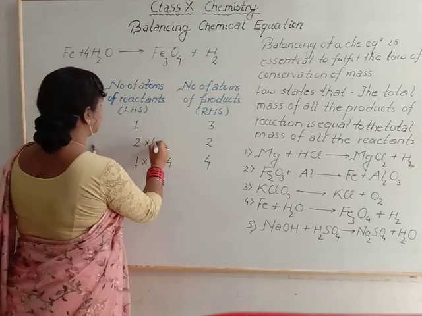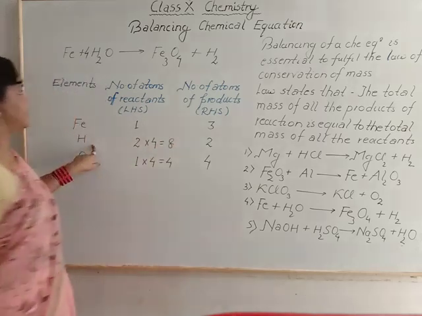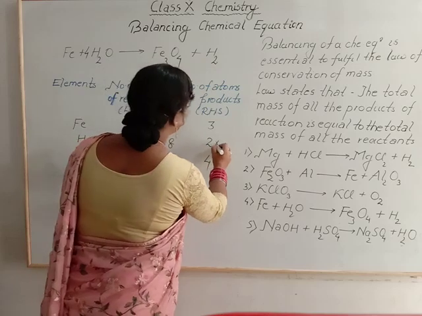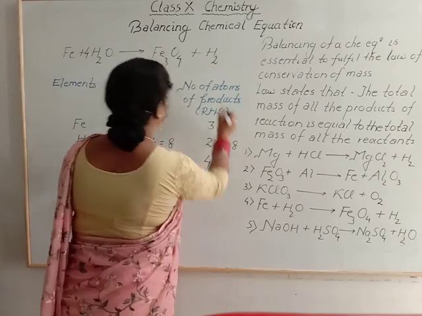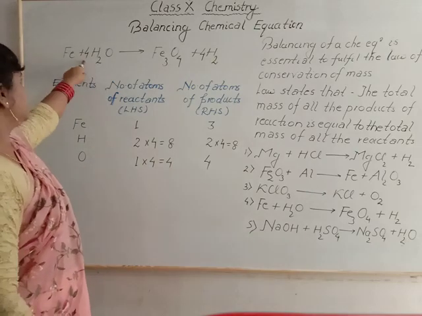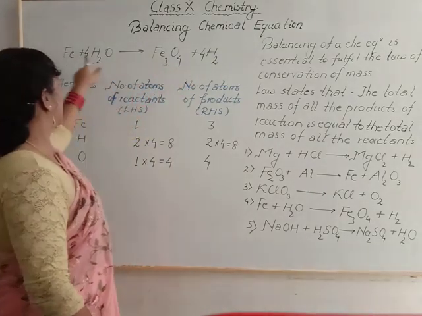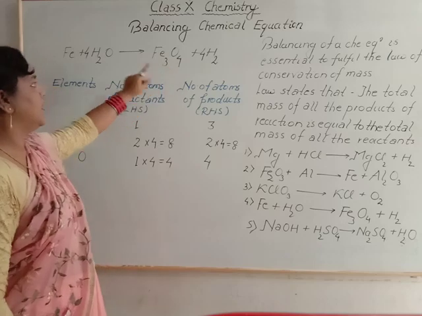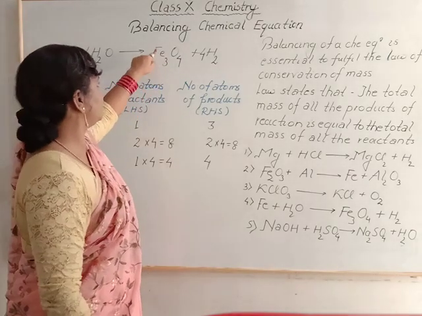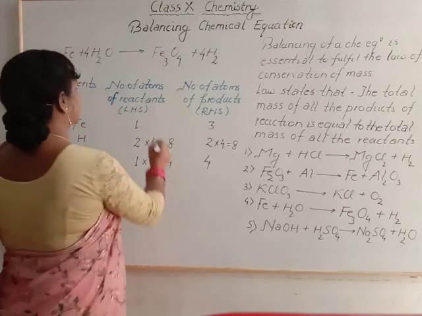Hydrogen is also becoming 8. So for balancing this, you have to write 4 on the hydrogen side. Now this is balanced, 8 to 8. Oxygen is 4. Now what about iron? Iron is still not balanced. What you have to do here? Iron is 3, so write 3 here.